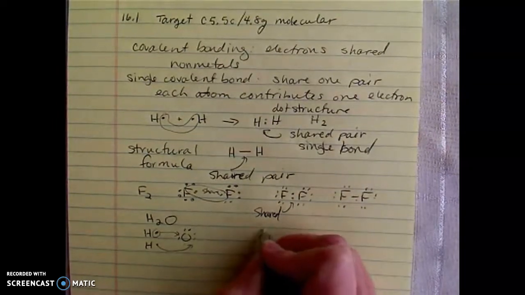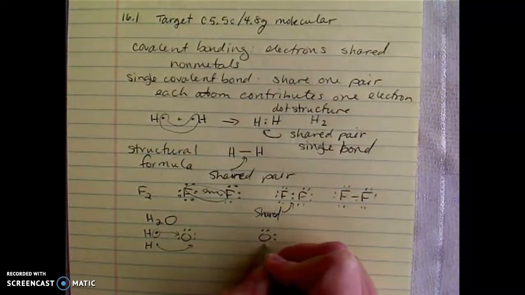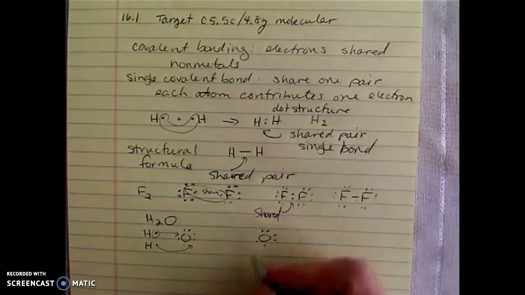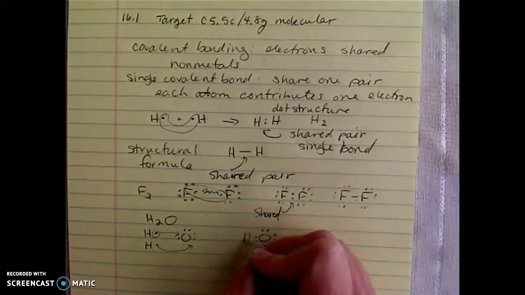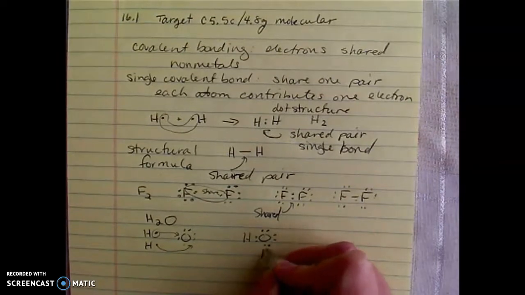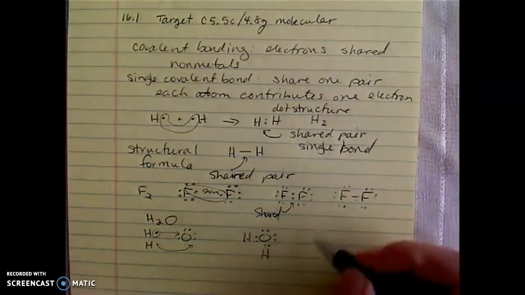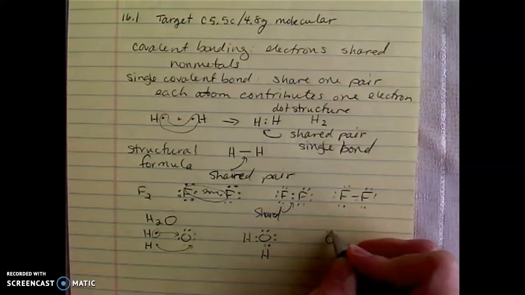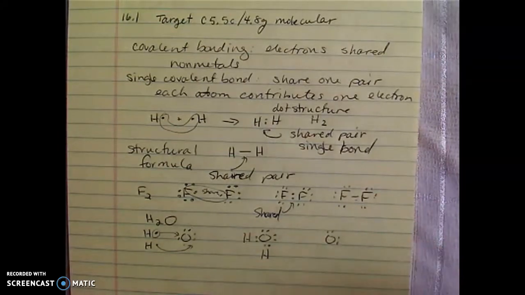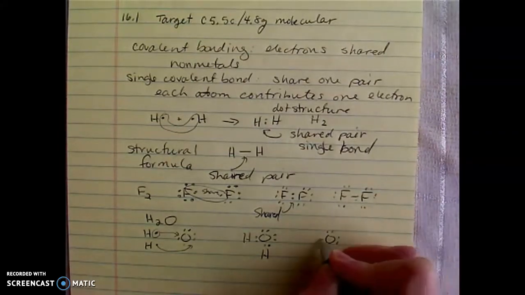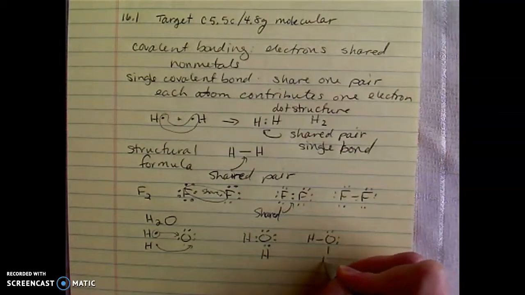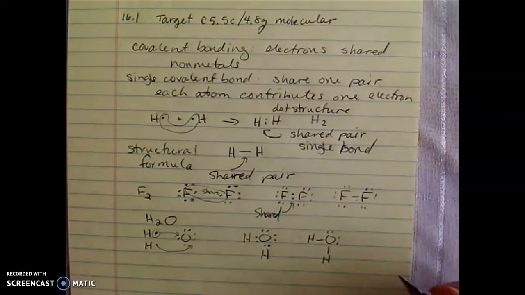So you'll have your oxygen, and then in comes a hydrogen to share right there, and one to share right here. If you were to draw it as a structural formula, you would have the lone dots on your oxygen and a line between your hydrogen and oxygen to show the shared pair.